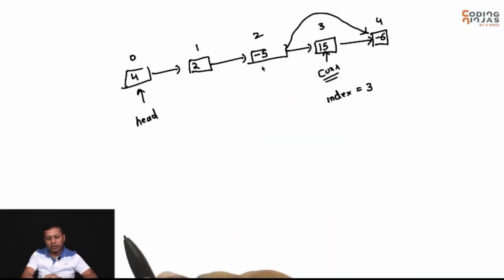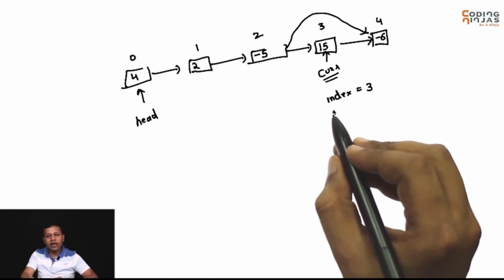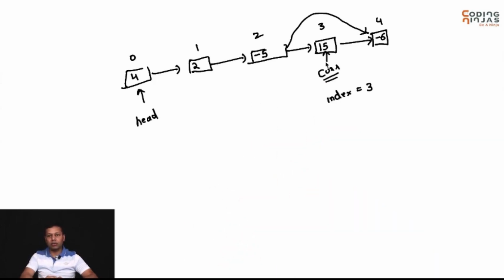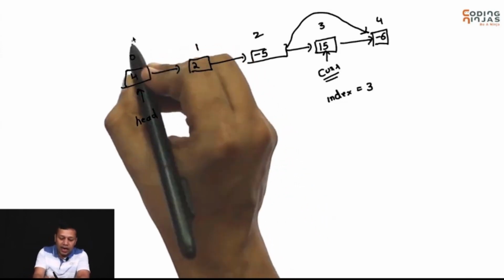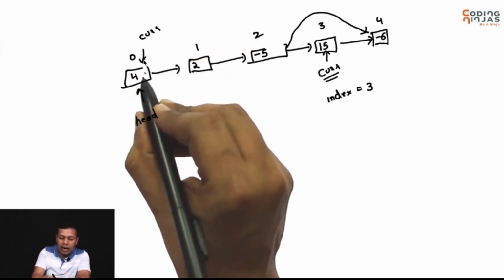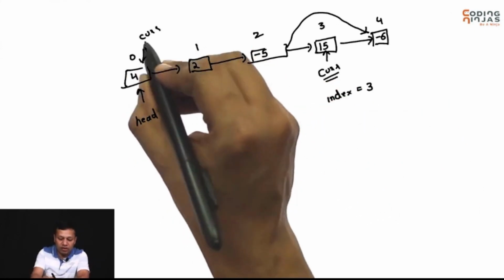Okay, so we need to understand that we need to reach the previous node, or the index minus 1th node, to delete the ith node. Alright, so I can have a pointer, such as cur, or maybe I can name it as previous because this would be the previous node.